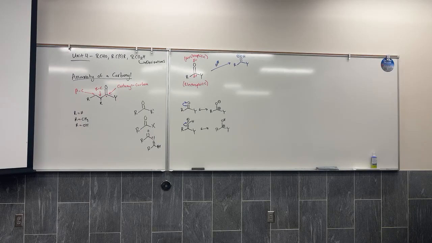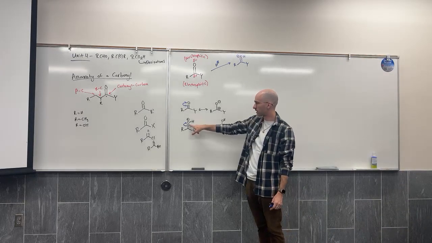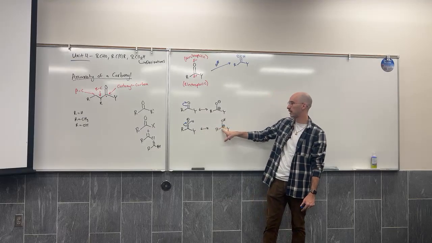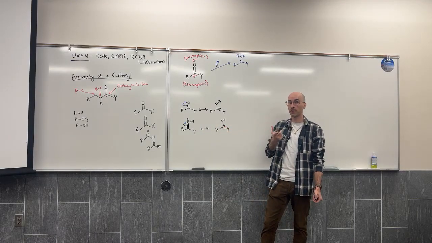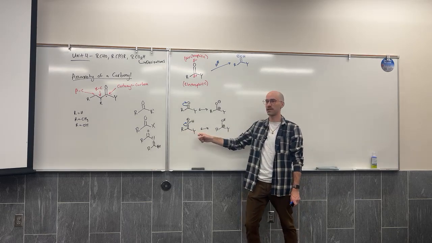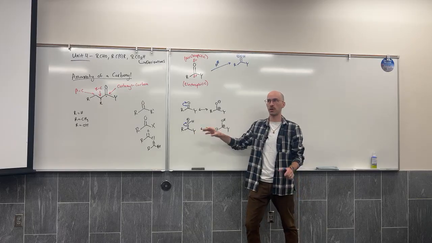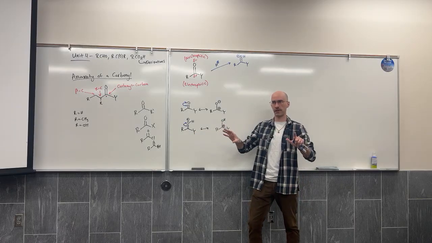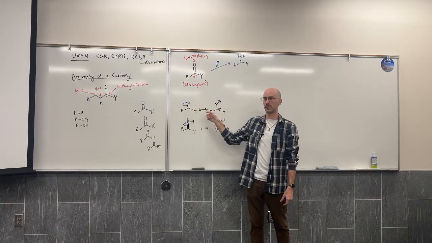Rule number 2: maximize octets. Oxygen has an octet here, but carbon lacks an octet here. But there is still the same amount of charge, which means these two resonance forms contribute closer to the same amount of the molecule than these two resonance forms.